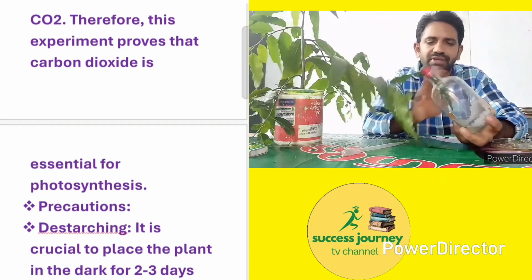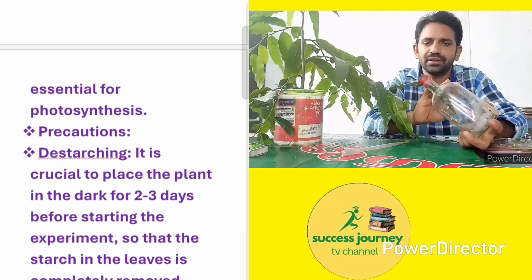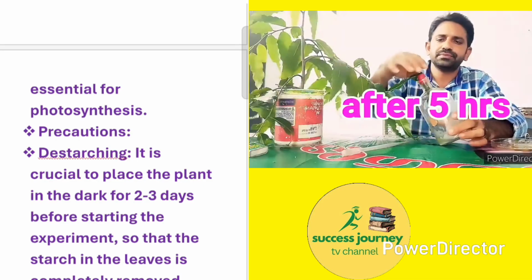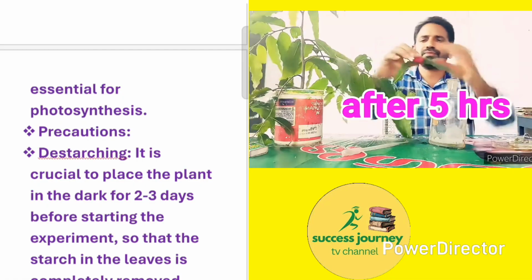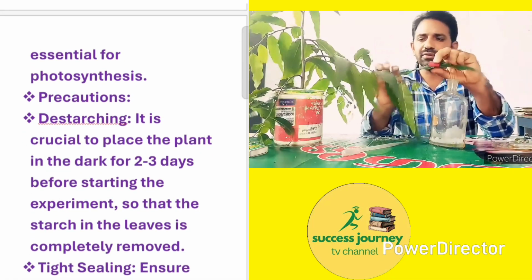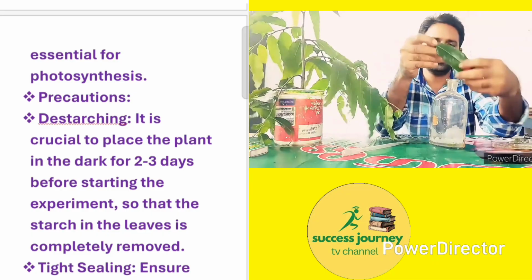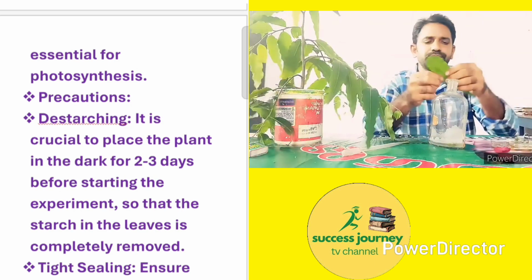Precautions. These are very important precautions for Moll's leaf experiment. So first one is destarching. It is crucial to place the plant in the dark for 2-3 days before starting the experiment, so that the starch in the leaves is completely removed. So before doing this experiment, the destarching process is a very important process.